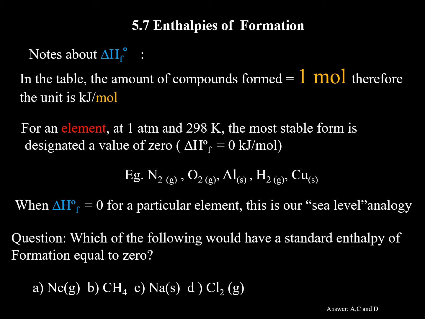And you'll see here aluminum, iron, solid. Those have a value of 0, and we call this sea level, meaning that you can have things that are above sea level, which have, we can just say arbitrarily, negative values, exothermic, and we can have things below sea level, which we can say are endothermic.